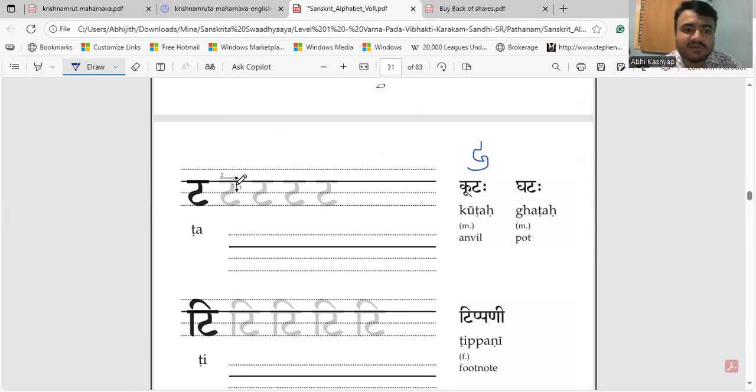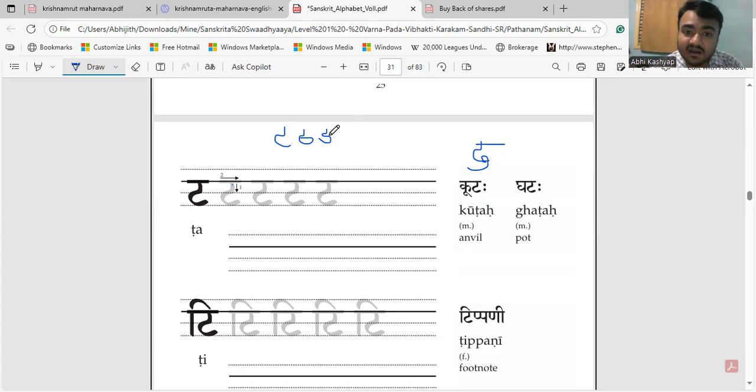So what are the varnas of tavarga? Tavarga: it is ta, alpa prana, tha, mahaprana, da, which is very similar. That is the reason I said when we were going through Kavarga, the last fifth varna is very similar in writing in lipi, but they are totally different.